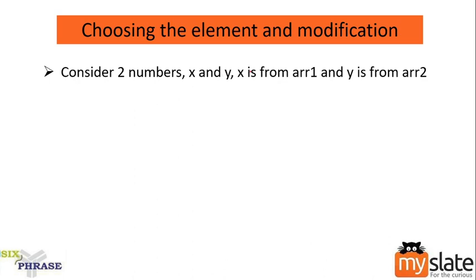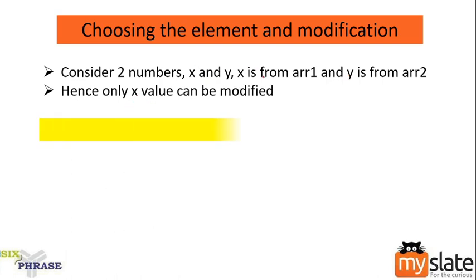X is from array 1 and y is from array 2. So you can modify the x value, but the y value is from array 2, so you cannot modify the y value. Hence, only the x value can be modified.